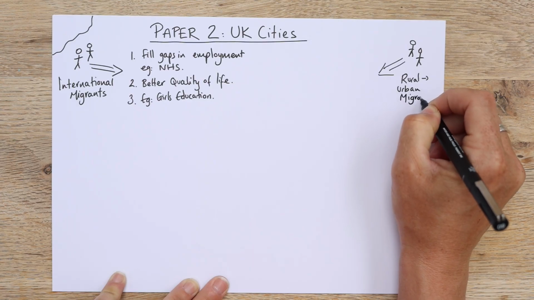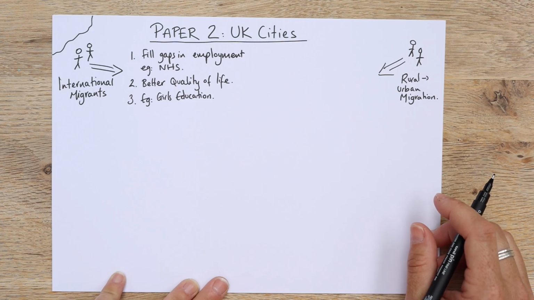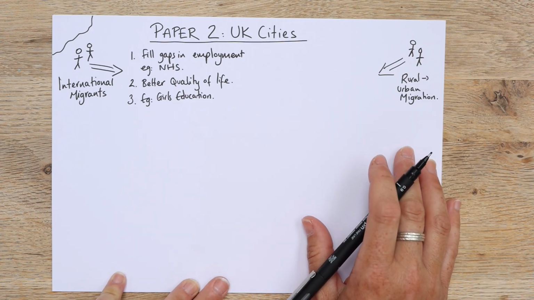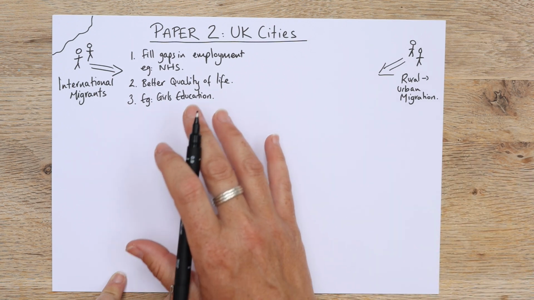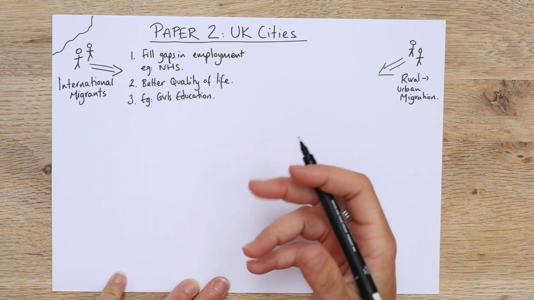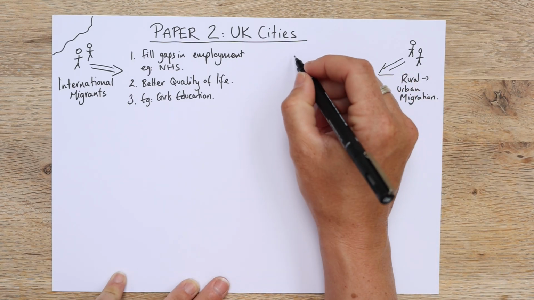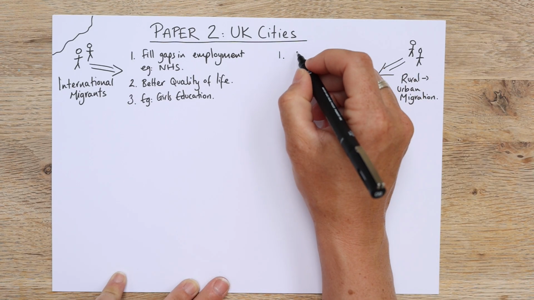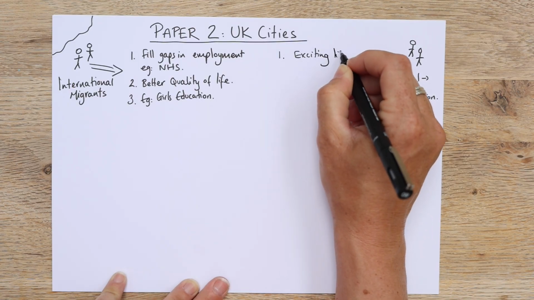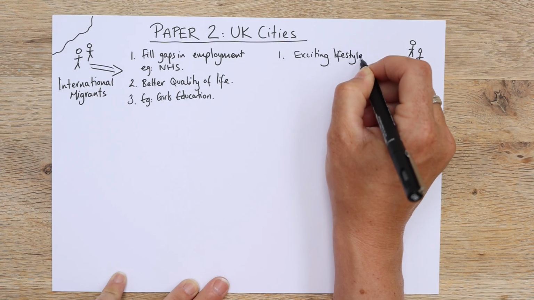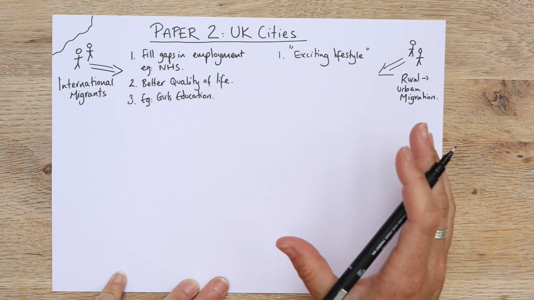Now, when I was younger, everybody wanted to work in London. It was a really big deal. Whereas nowadays, there are more opportunities to work in semi-rural and even rural locations. So the first thing people want is that kind of exciting lifestyle. Now, the city, let's take London for example, it's full of exciting things.